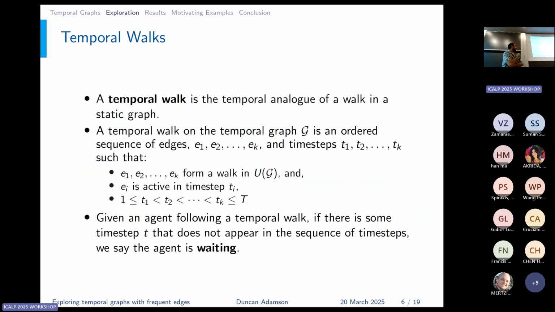Finally, the last of the preliminaries here is talking about temporal walks. So like a walk in a graph, a temporal walk is a sequence of edges where edge 1 has to end at the starting point of edge 2 and so on, as well as an ordered set of time steps such that, in this case, edge i is active in time step t_i, and you're using a strict ordering, so t1 has to happen strictly before t2 and strictly before t3 and so on.